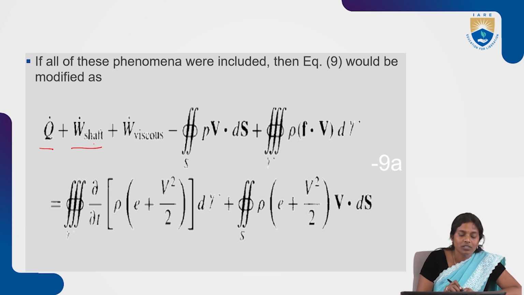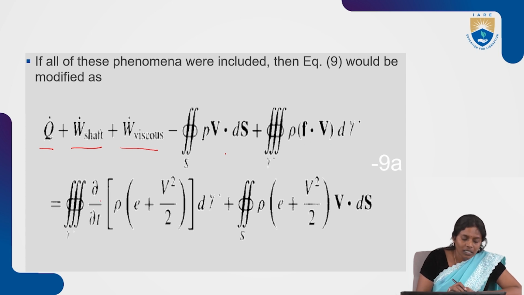So due to the shaft work done, the rate of work done, and the viscous effect we are considering, these three are included. Then we have the surface integral of rho V dS plus the volume integral of rho F dot V dV. This is due to the body force.